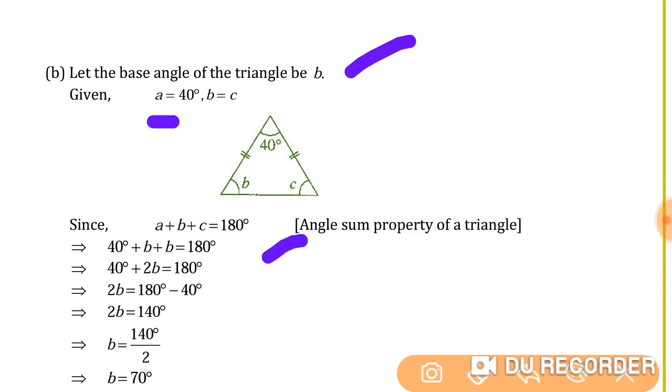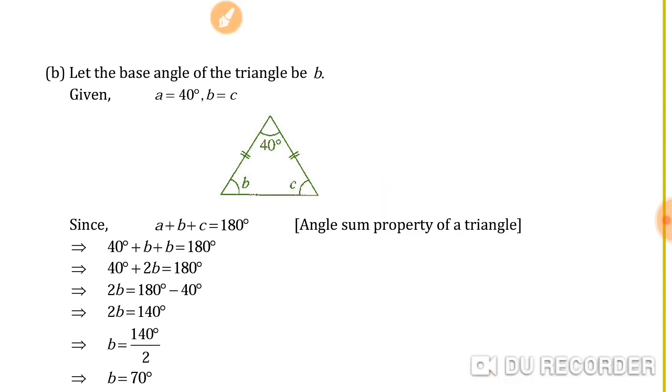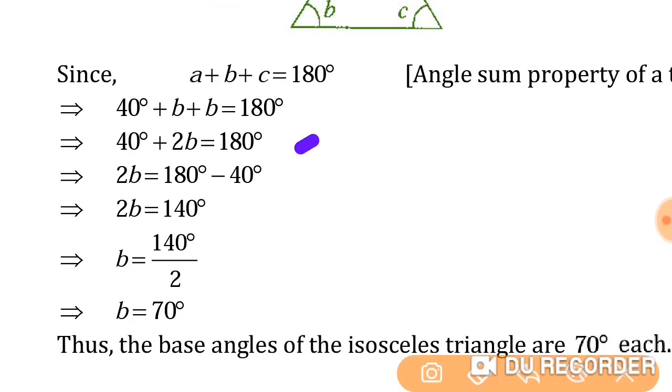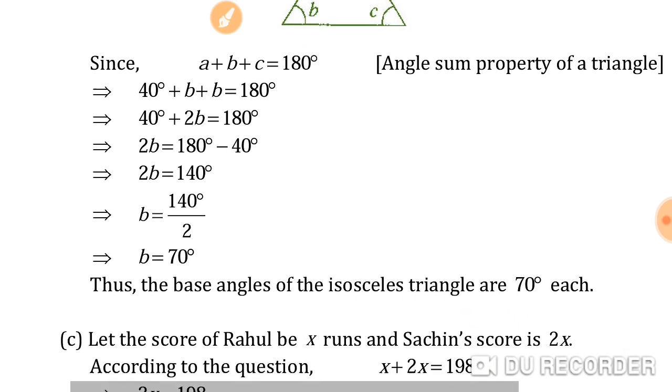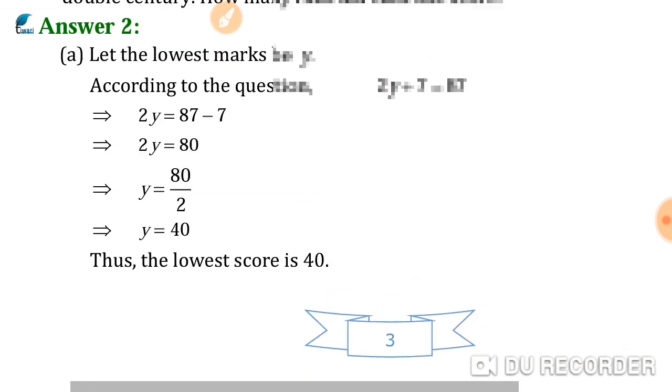So if you add all three angles of a triangle, it always gives 180 degrees. So B plus B is 2B, 40 transfer that side, 180 minus 40 becomes 140, 2B is equal to 140, so transfer the 2 that side, it becomes divide, so it is 70 degrees. So both the base angles are 70 degrees. Thus the base angles of the isosceles triangle are 70 degrees each.